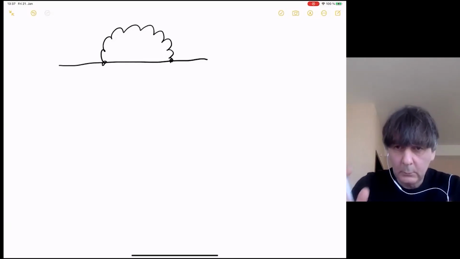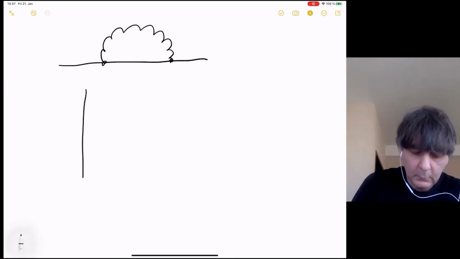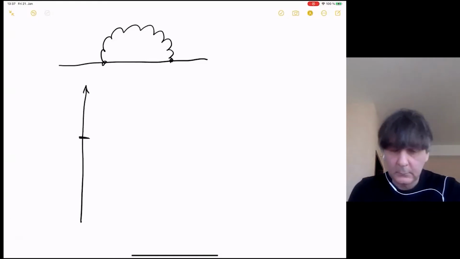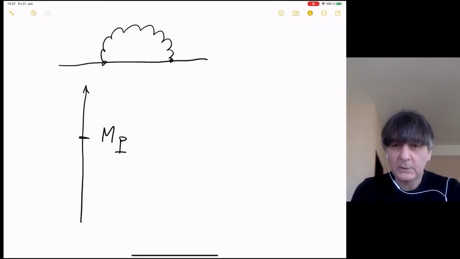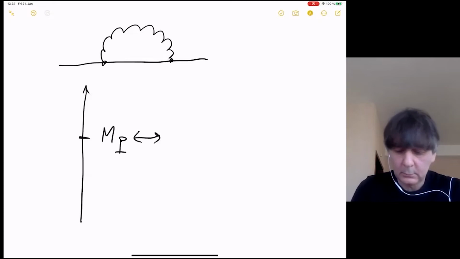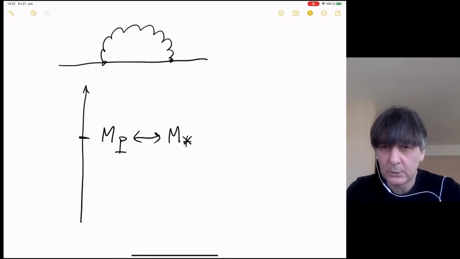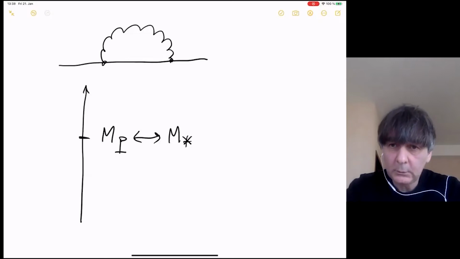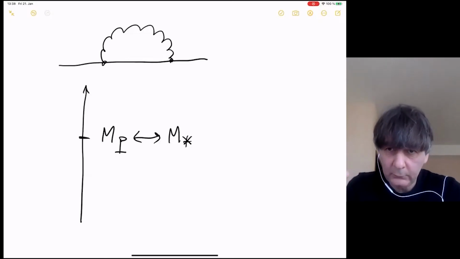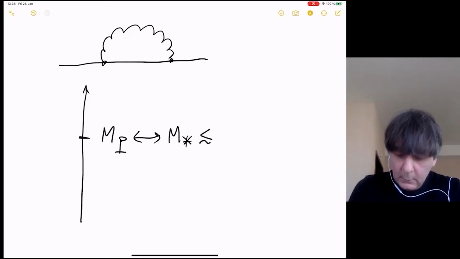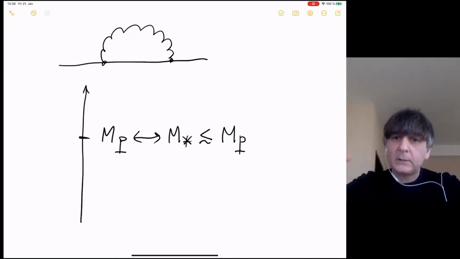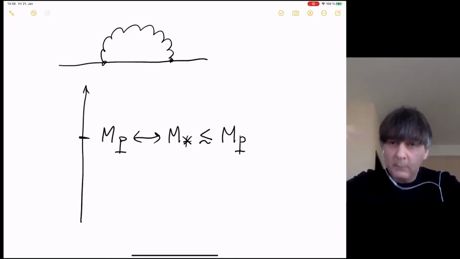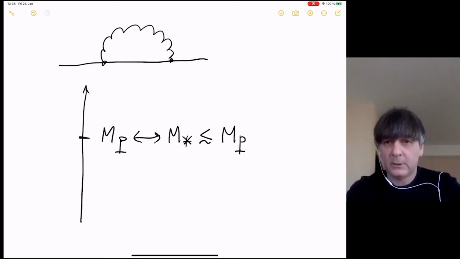Now, what I was trying to explain is that in gravity there is a sharp cutoff, which is either the Planck scale or M-star, depending on which theory you are in. But no matter what, gravity has a cutoff which is less than or of order the Planck mass; it cannot be above the Planck mass, if you are staying within effective field theory.